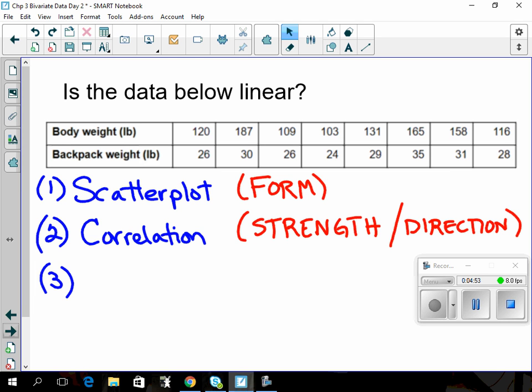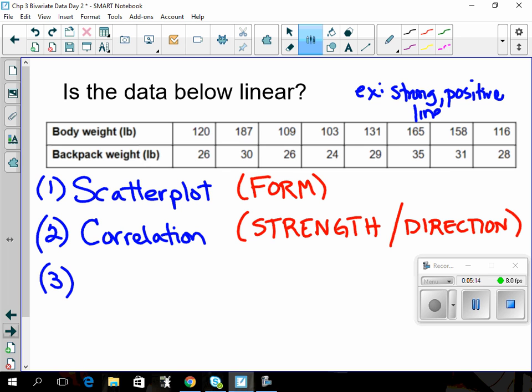Direction would be positive or negative, or maybe no direction if it's weak, right? Most likely there will be a positive or a negative. And then form would be it's either linear or it's not. Okay? So that's what we're looking for. So an example of those words would be strong, positive, linear. Okay? So all three words are important.